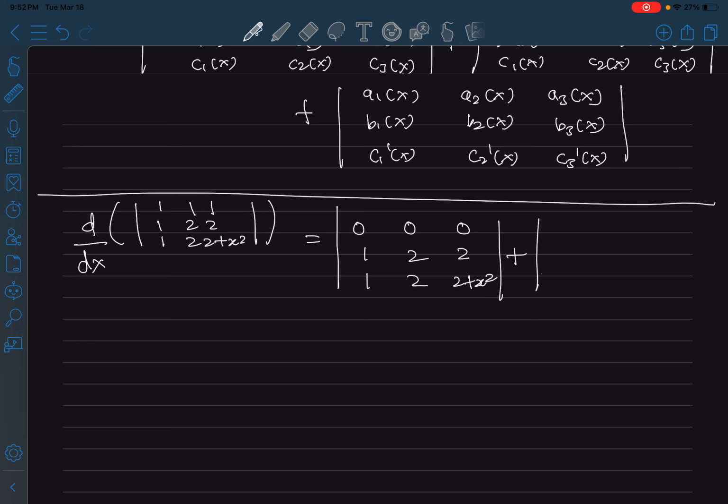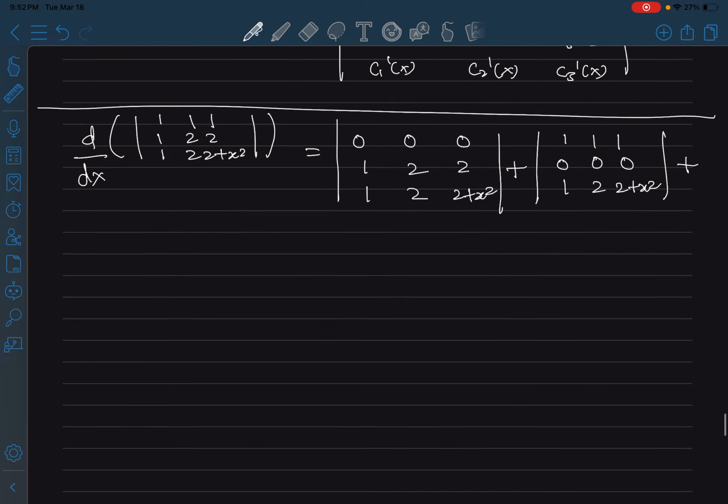And then just the derivative of the second row: 1 is 0, the derivative of 2 is 0, 2 is 0. And then the derivative of the third row: the derivative of 1 is 0, 2 is 0, 2 plus x square is 2x.